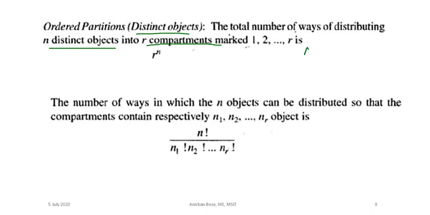Say there are 5 distinct objects, A, B, C, D, E.